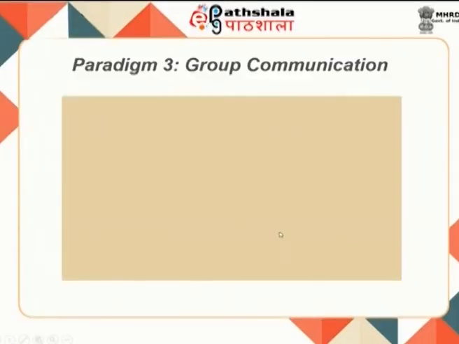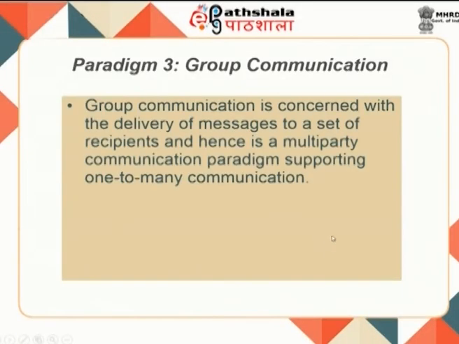The third paradigm is the group communication. In a group communication, the sender may be one, but the receiver may be a number of processes running in different machines, and this one process is sending a message to a group.